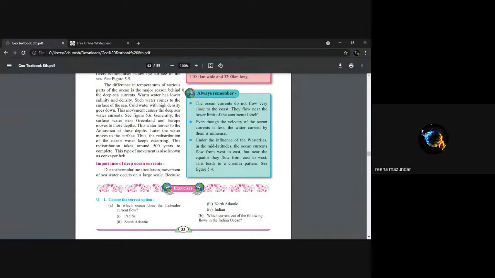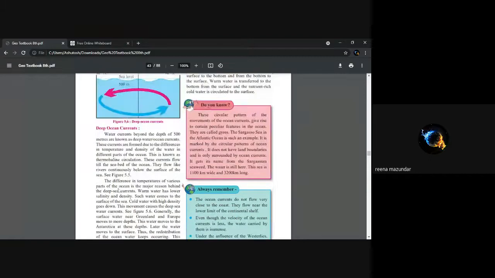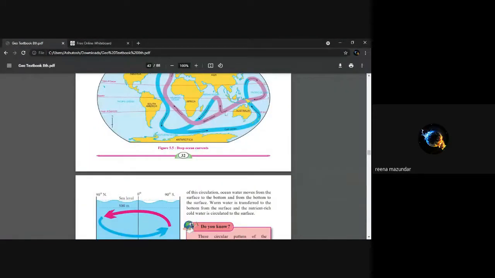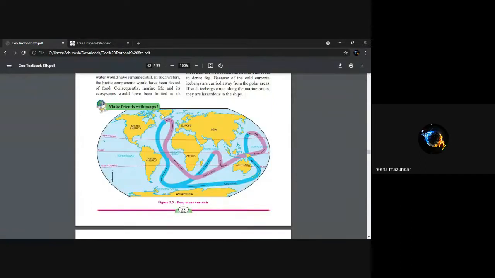Now, what is the importance of deep ocean currents? Why are these ocean currents very, very important? Due to thermohaline circulation, movement of seawater occurs on a larger scale. Now, because of this warm and cold current moving continuously, this is called thermohaline.